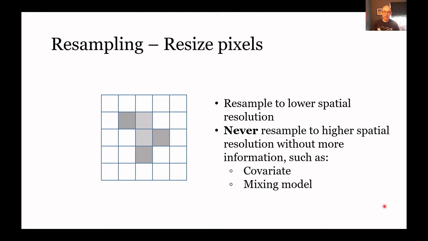You can, if you have extra information. If you have other information that says, I know what might be happening at a higher resolution within each cell, each pixel, such as some covariate of a higher resolution, or if you have a so-called mixing model where you say that values in a pixel are due to mixing from neighbors, and I believe that here we have a high center for a particular signal strength, and that's bleeding into this one.